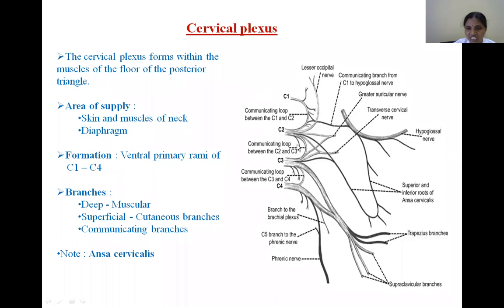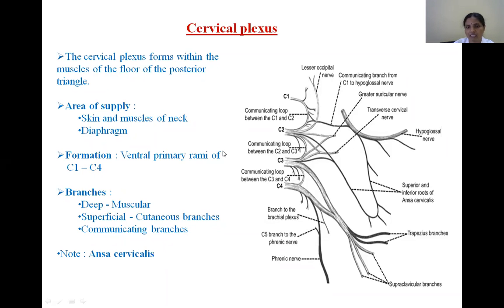So from these loops, the branches are given in the form of deep or superficial branches. And moreover, this plexus has communications. So what are these branches? You see, the deep means muscular branches. So what are these muscles? Why are they supplied by this cervical plexus? These muscles are in front of the vertebral column and at the side of the vertebral column.